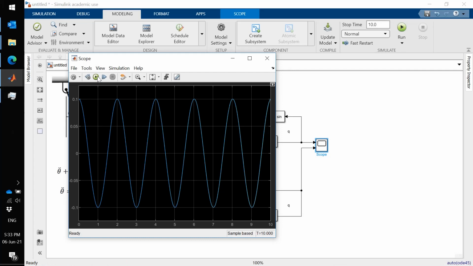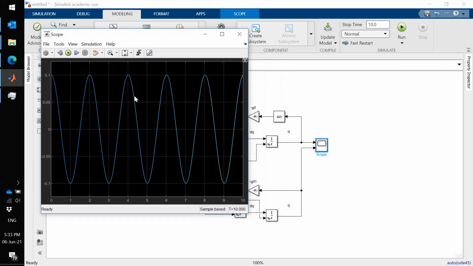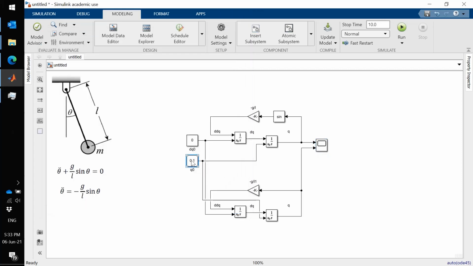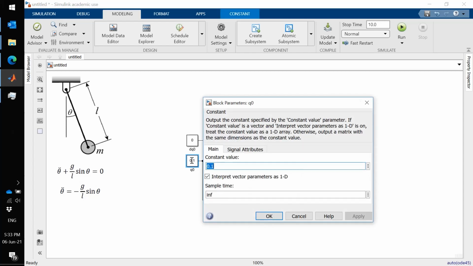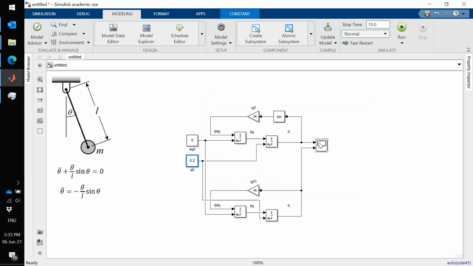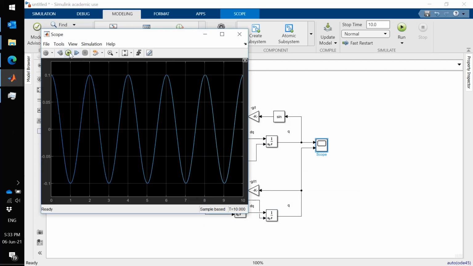See now, for small angle, the initial condition was 0.1 radians, and 0.1 is considered a small angle, so we can hardly see any difference between the two responses. But since my assumption to linearize the equation was small angles, if I increase the size of the initial condition or the amplitude of oscillations, let's say 0.2, I should start seeing differences between linear and nonlinear models.